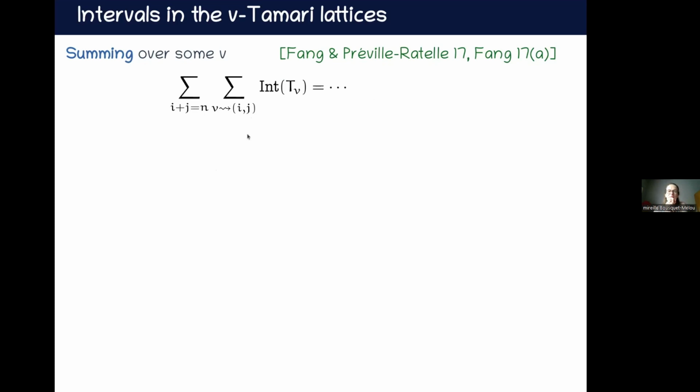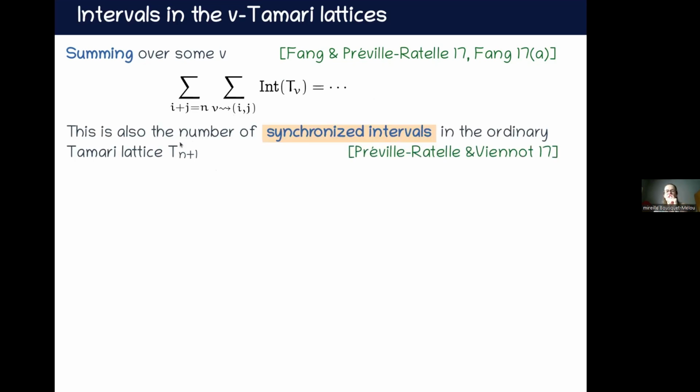At first it seems like a complicated problem because you have all these v-Tamari lattices, but in fact, this boils down to counting just some intervals, not all, in the ordinary Tamari lattice on Dyck paths of size 1 more.